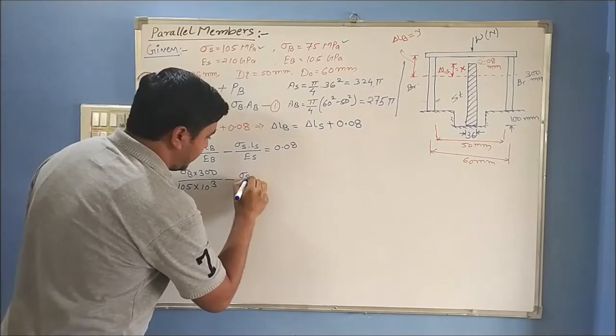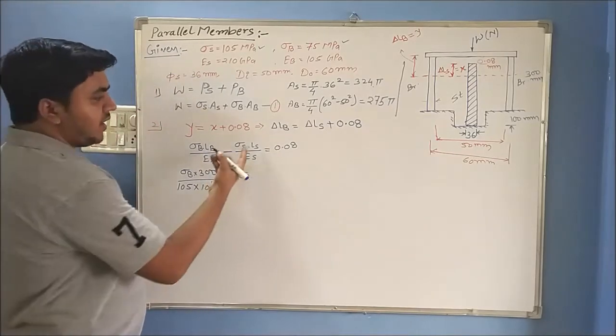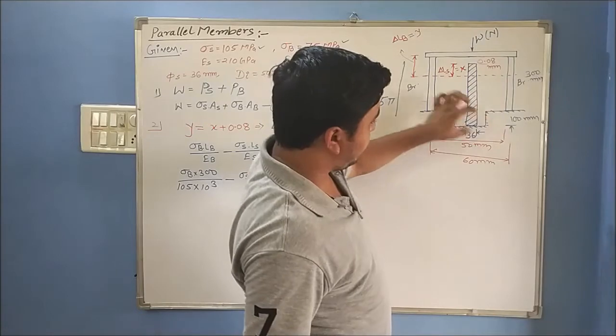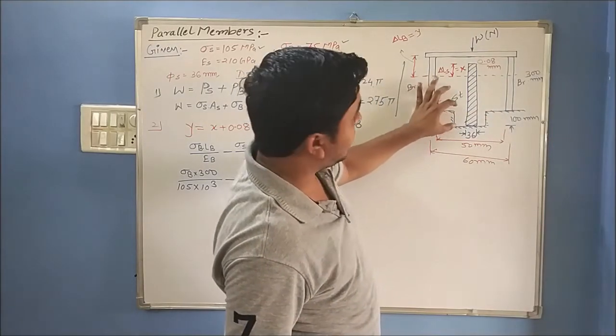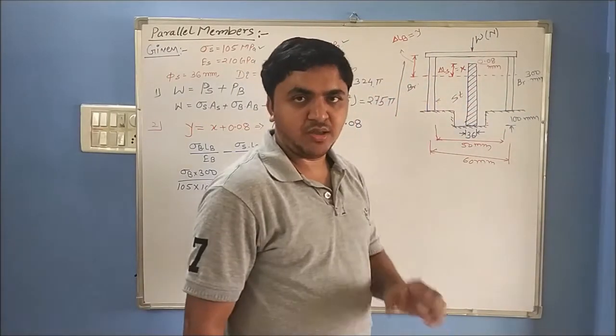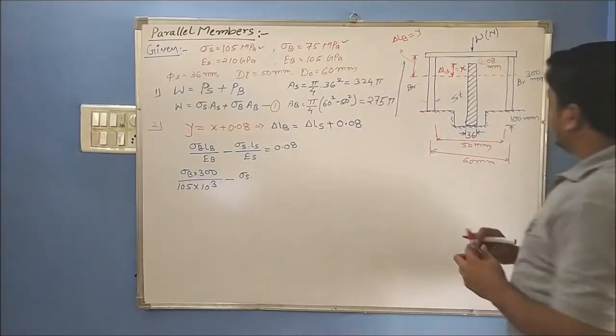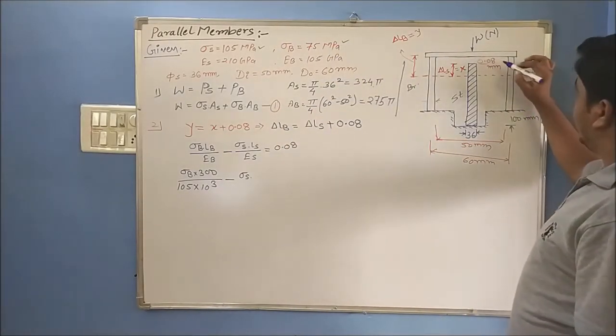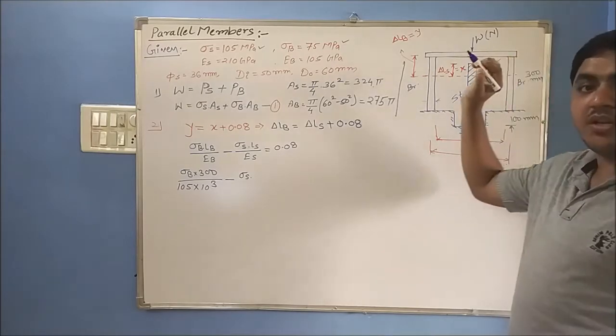The stress of steel stays as it is because it is not known to us. Length of steel: this length is 100 mm, plus the total of 300. So what we have to do is 100 plus 300 minus 0.08 mm.